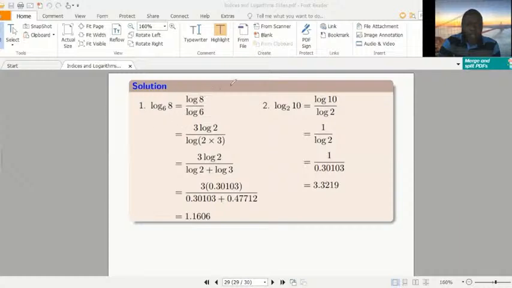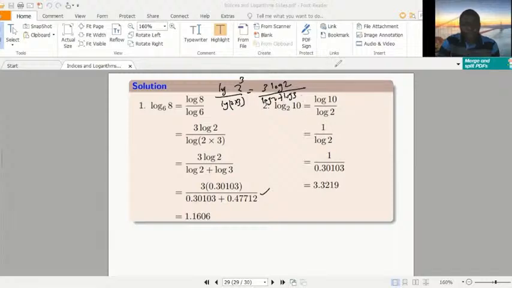And I've noticed that 8 is the same as 2 raised to 3, and that 6 is the same as 2 times 3, which would mean addition here. But this 3 can go the other side: 3 log of 2, which is known to us as 0.3 something. And this other one is log of 2 plus log of 3. But those ones are known to us, so you can do it.